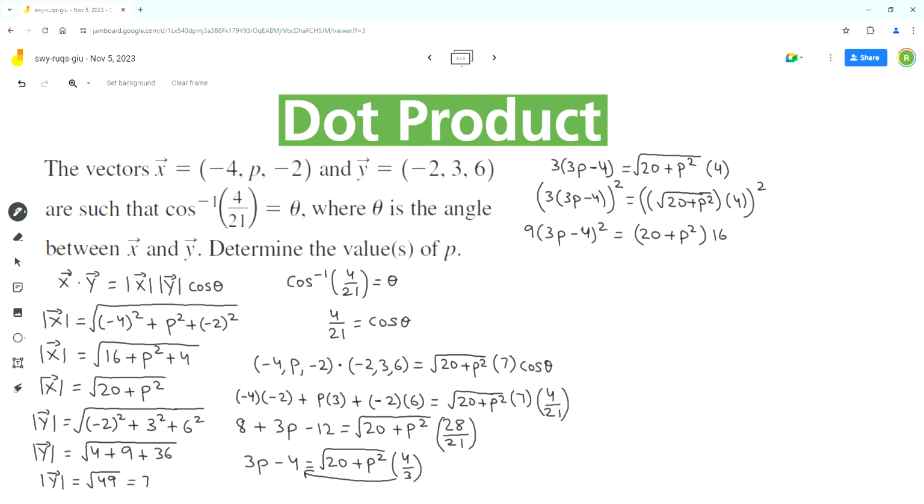Now on the left side we can distribute the square on the parentheses by writing the expression twice and distributing the terms using the FOIL method. On the right side we can distribute 16 into the parentheses.